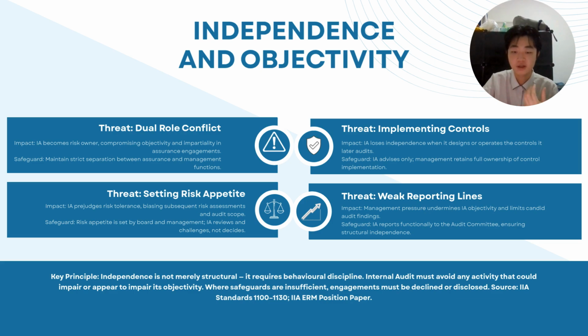Therefore, safeguards are important. Internal audit should have clear role boundaries, avoid operational responsibilities, and report functionally to the audit committee. To summarize my part, the internal audit can support ERM by giving advice, reviewing controls, and reporting weaknesses.